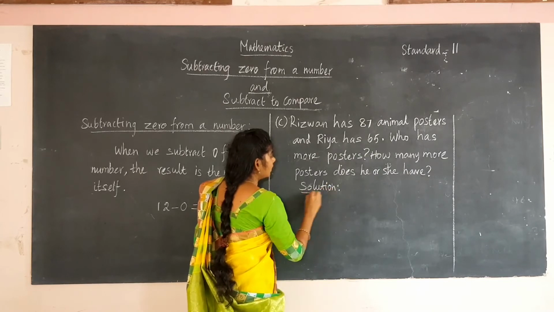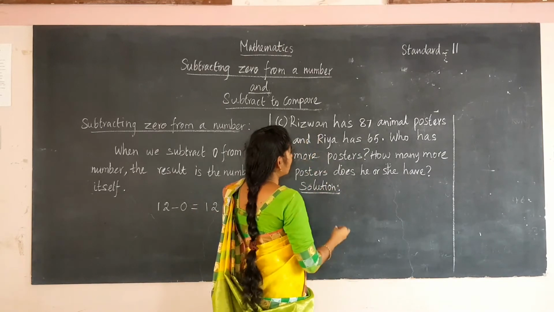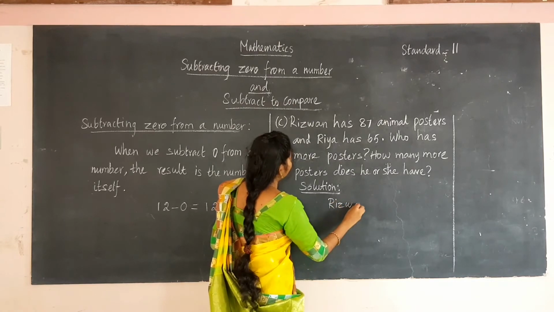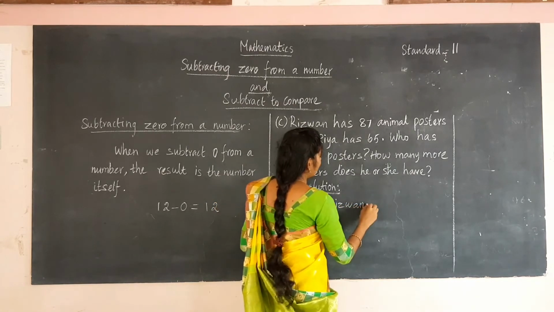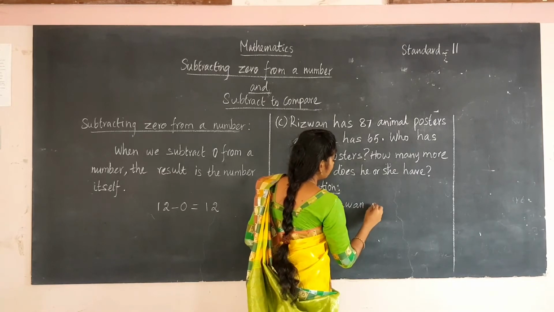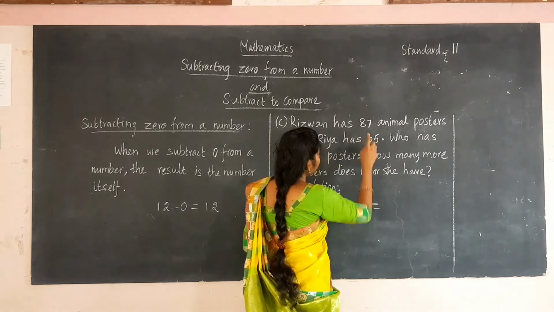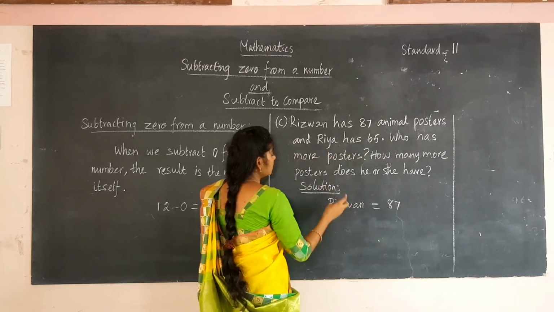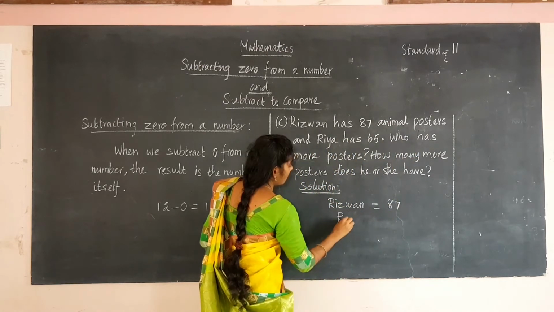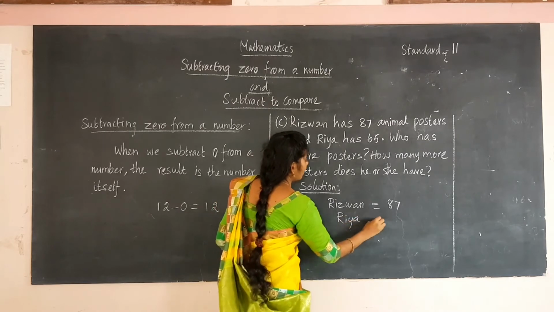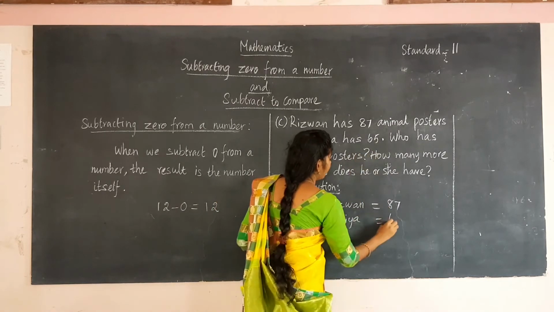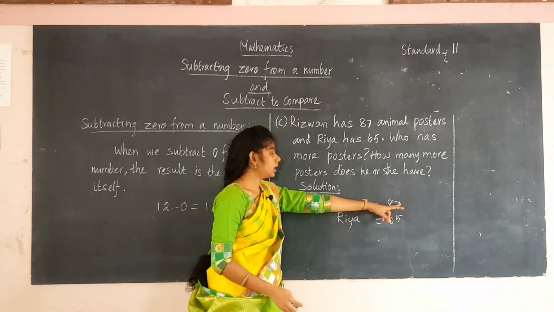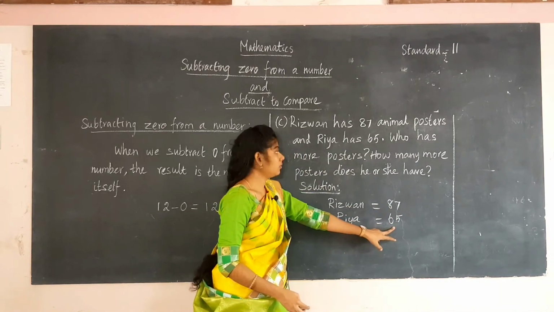So what will you write in the solution part? First, Rizwan's animal posters. Rizwan has 87. Then Riya has 65. So for the animal posters I have written 87 and 65.